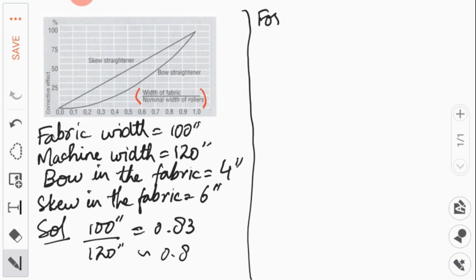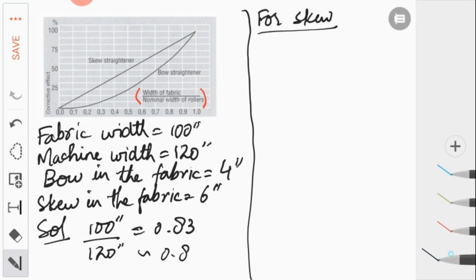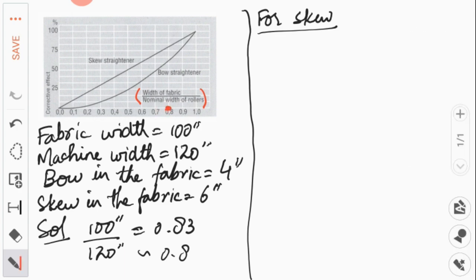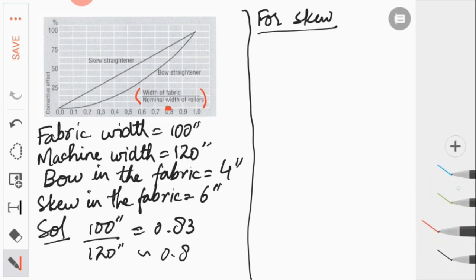Now let's see how we calculate the skew corrective percentage of this weft straightener. We have calculated this ratio 0.8, that's on the horizontal axis.